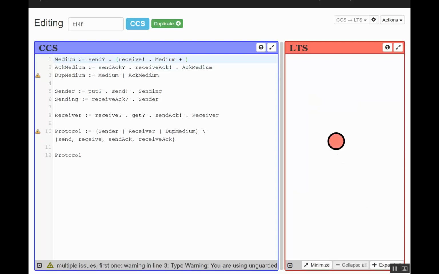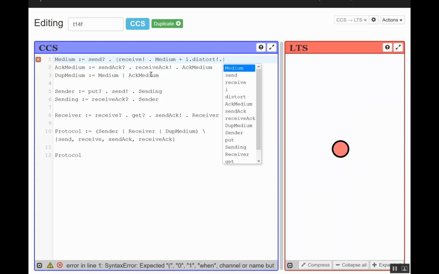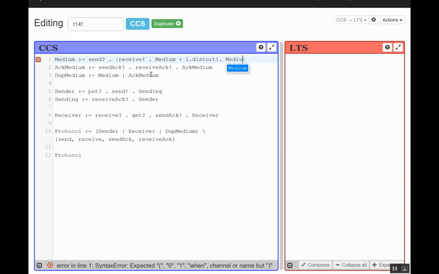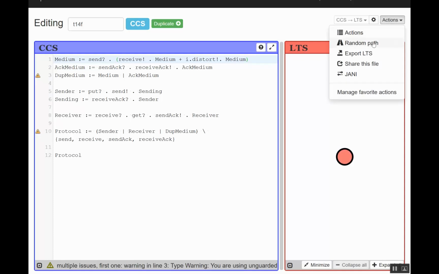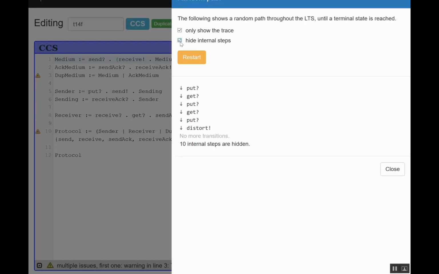Or it may say, well, internally, I distort it, and then I deliver something that is bad. So this is now an unreliable medium, and we can look at a random path if you want. And you see, wow, once a message gets distorted, the system halts. It stops basically.